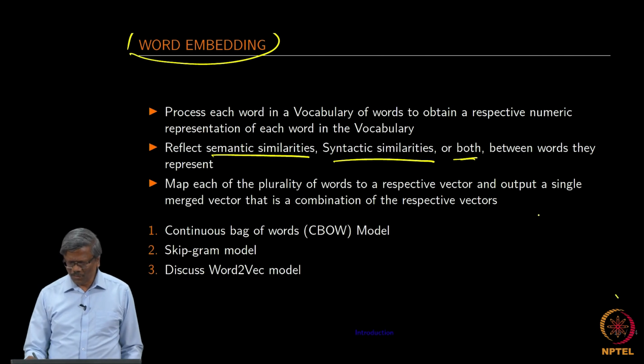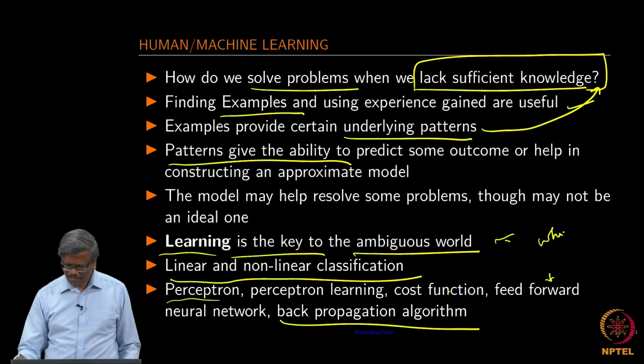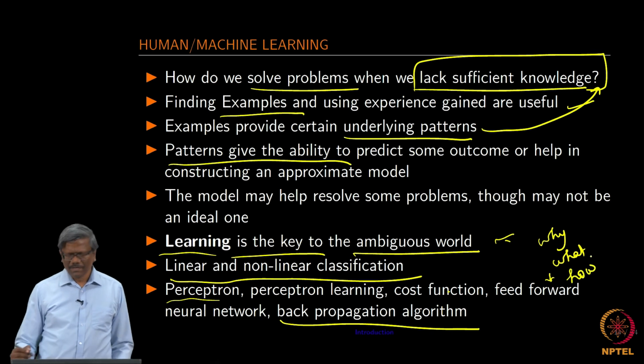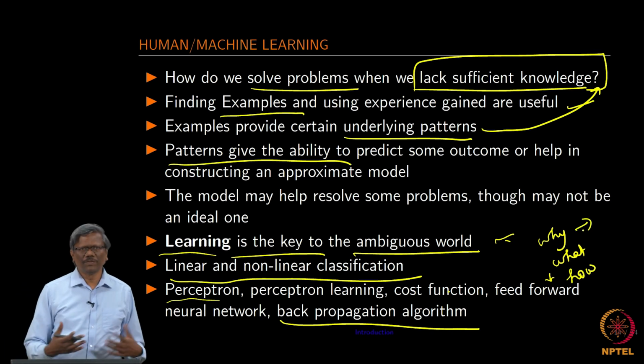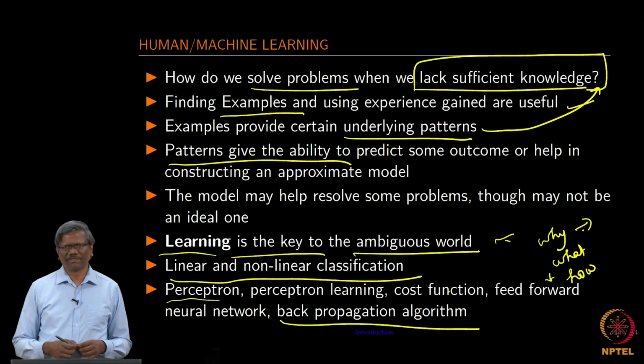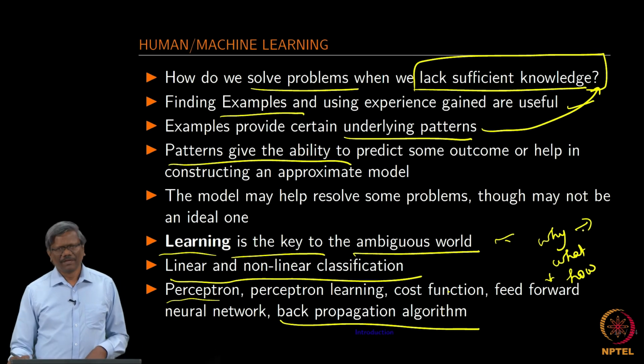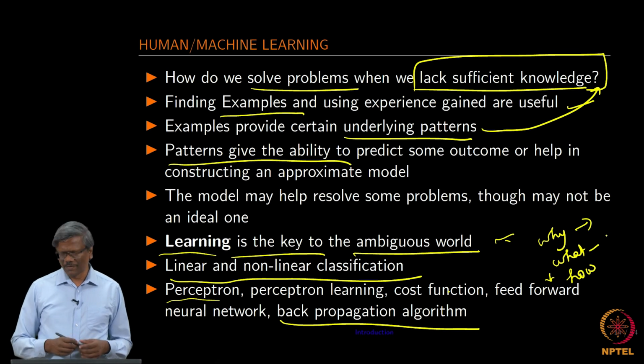So, you remember we spoke about why. So, why is about why do we do this natural language processing, okay. And then I gave certain examples of what we do there, right.